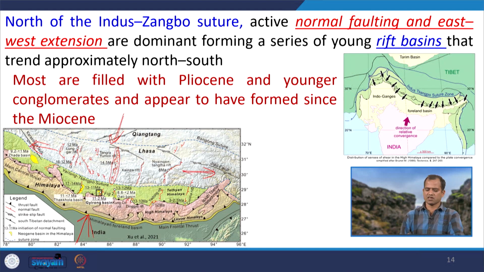So, due to this compression-related extension, we are creating some rift basins, and those rift basins are filled with conglomerate and other younger sediments.